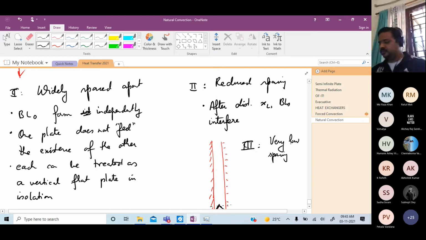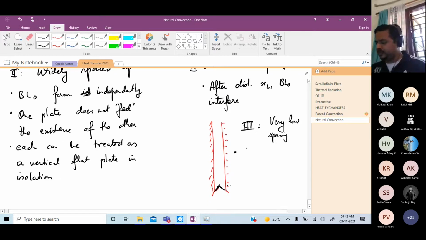Very low spacing. So here what happens? Boundary layers interfere or merge right from the start. Right from the start, very close to the start, from the beginning.